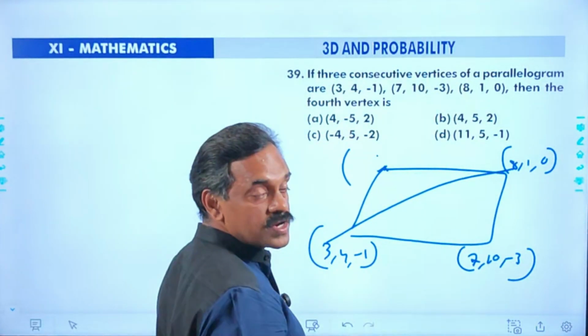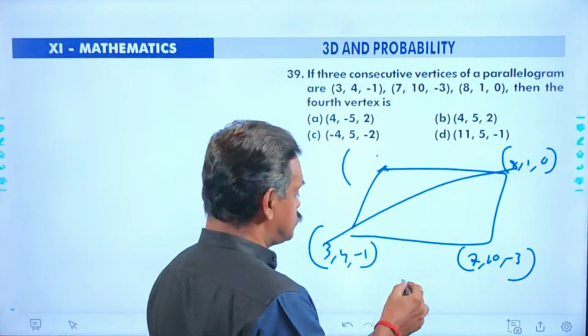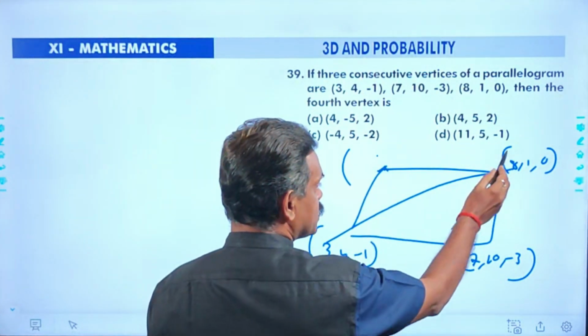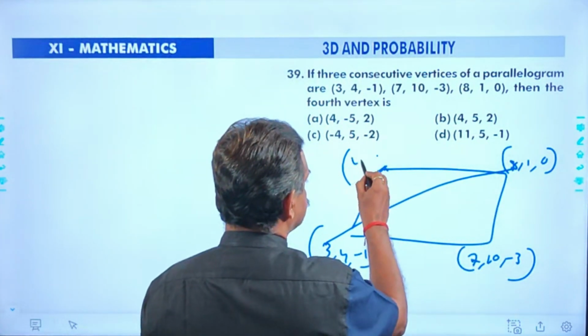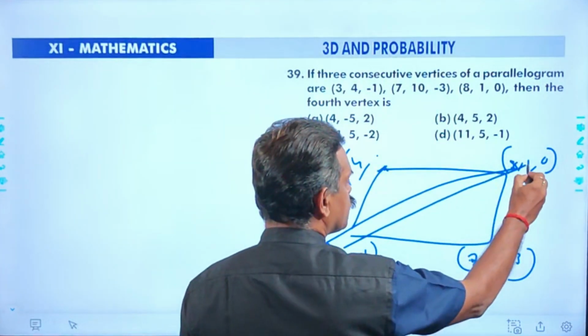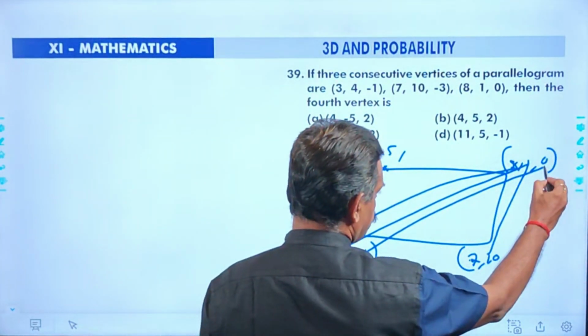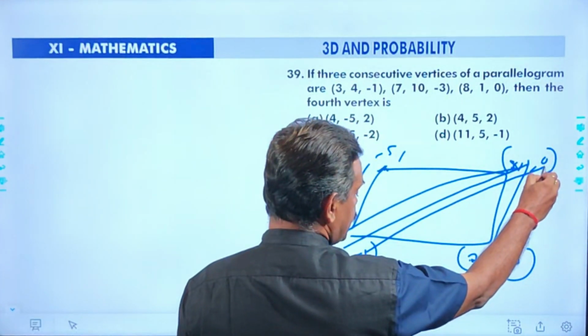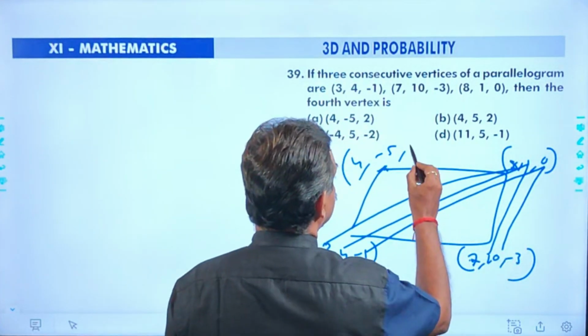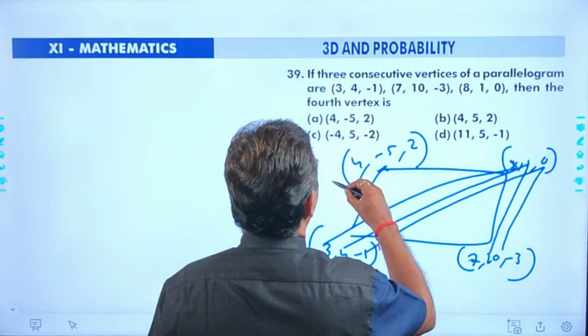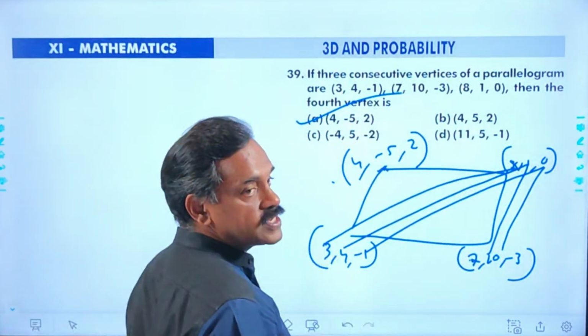Try this on all the coordinates. So it will be 8 plus 3, 11; 11 minus 7, 4; 4 plus 1, 5; 5 minus 10, minus 5. Minus 1 plus 0, minus 1; minus 1 minus 3, which will be equal to 2. So 4 minus 5, 2, which is given by choice A.